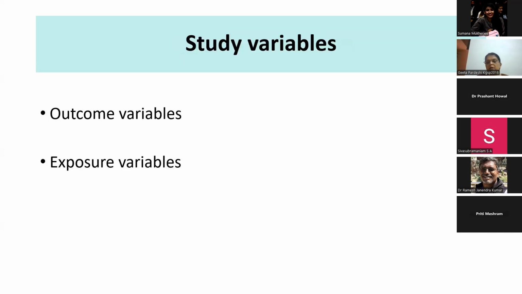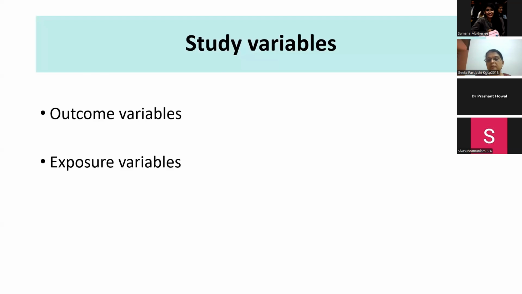So as Siva mentioned, we are interested in two variables, the outcome variable and the exposure variable. So what is the outcome variable here? If anyone can say, because Siva has already said, but let's just be clear about which is which variable. Acute respiratory illness.